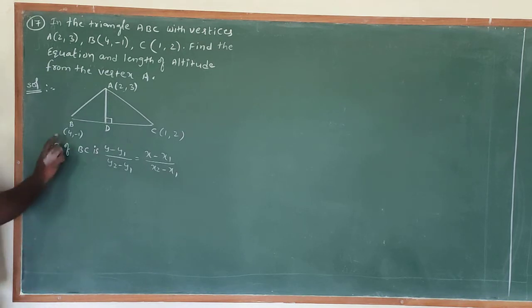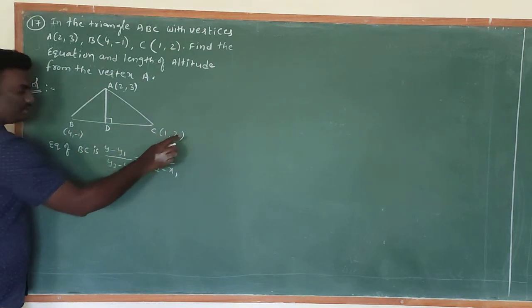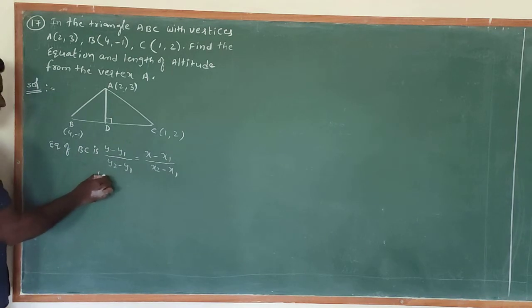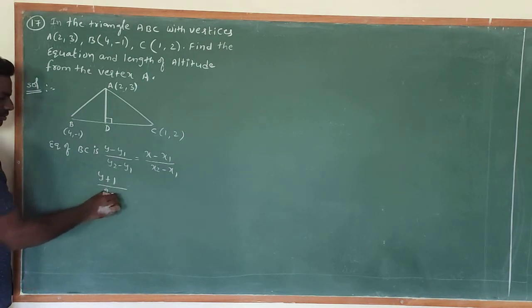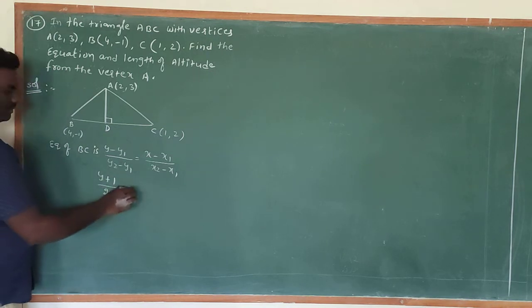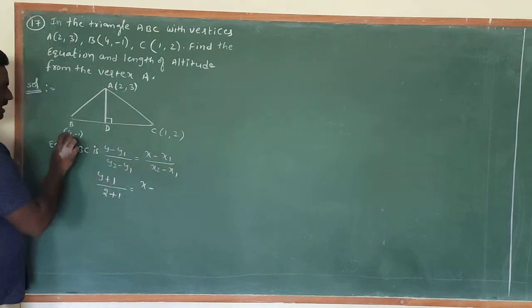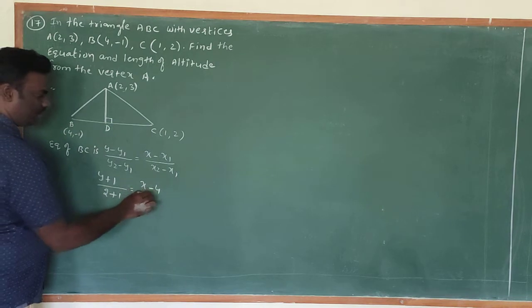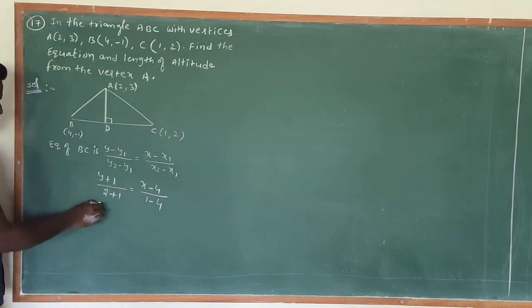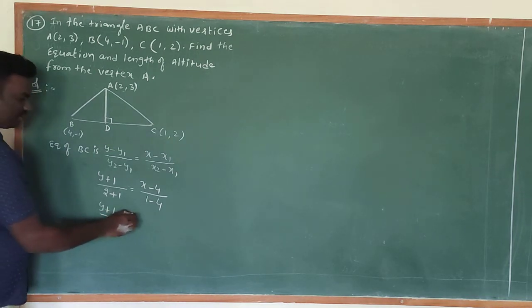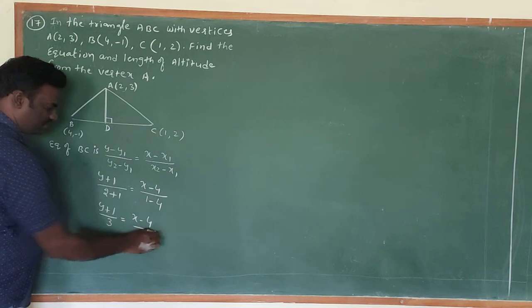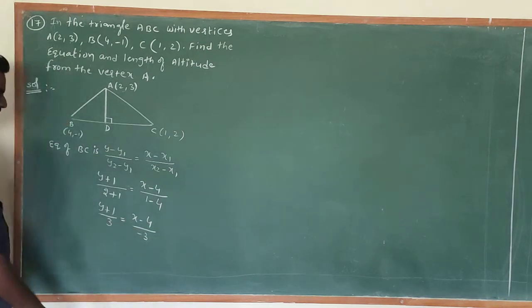Okay. Now this is x1 y1, this is x2 y2. Substitute: y minus y1 is y plus 1, by y2 minus y1, which is 3. Then x minus x1, that is x minus 4, by x2 minus x1, that is minus 3. So (y plus 1) by 3 is equal to (x minus 4) by minus 3.